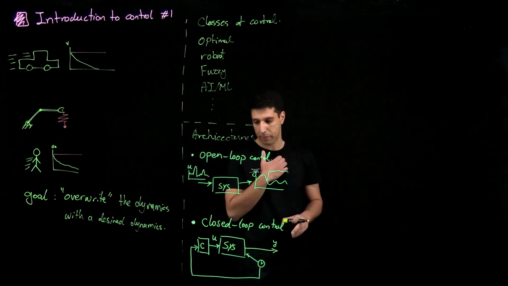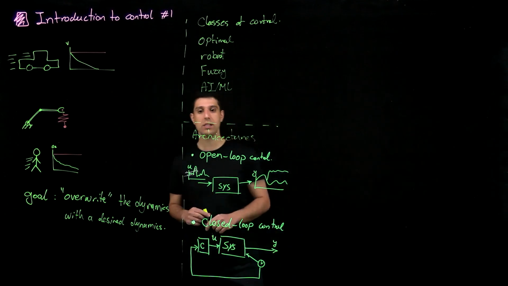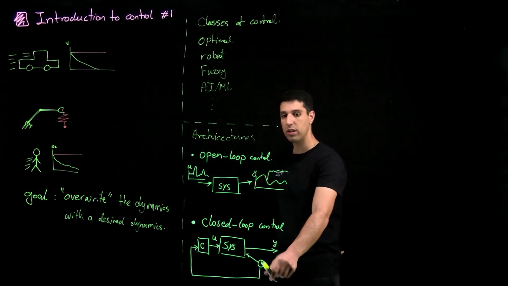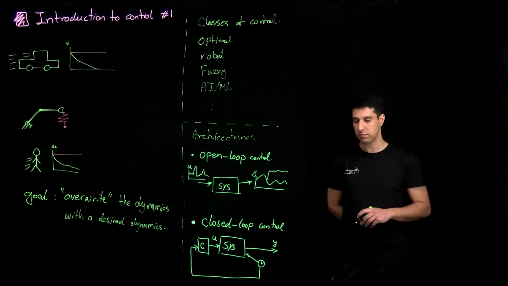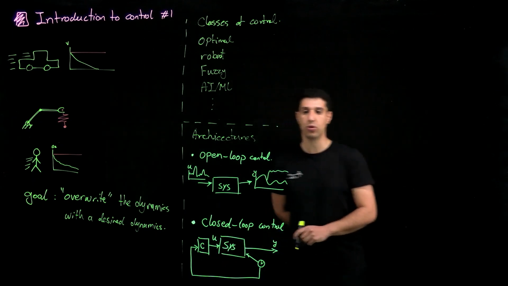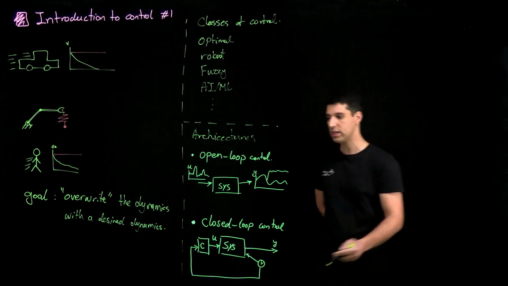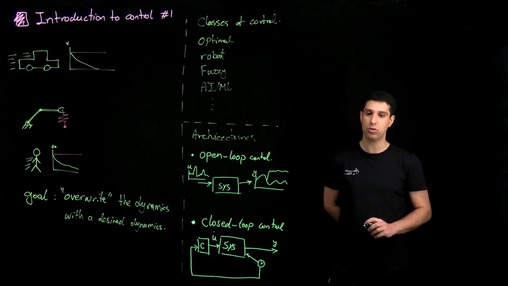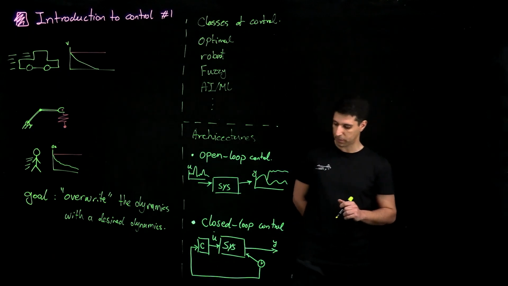So two fundamental pieces in a closed loop control are, first, you need to have some kind of sensor to measure what is happening in your system, and then using that measurement inside a controller, a kind of brain of the system, to do calculations and decide what control input you need to apply to the system to get the desired response.